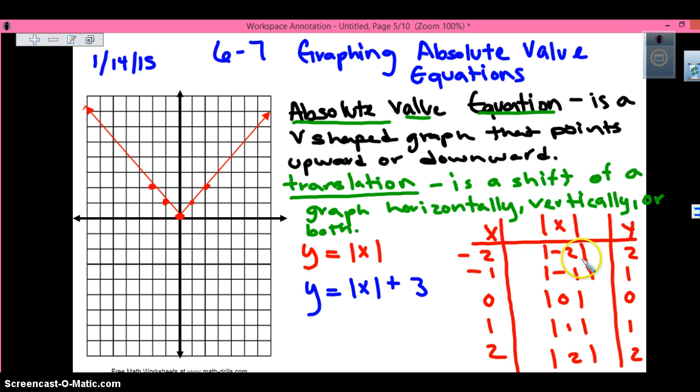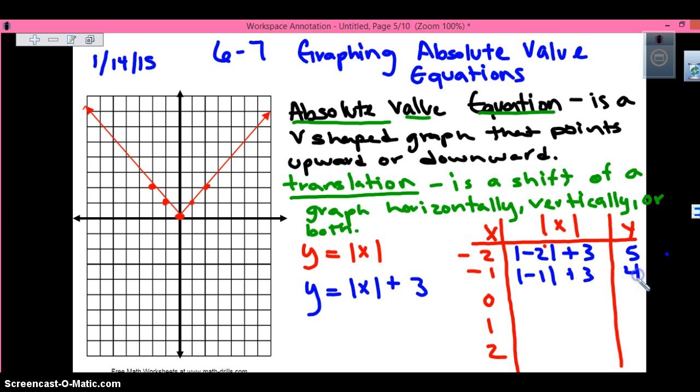If we create a table for the absolute value of x plus 3, we can say the absolute value of -2 plus 3 is 5. The absolute value of -1 plus 3 is 4. The absolute value of 0 plus 3 is 3. The absolute value of 1 plus 3 is 4. The absolute value of 2 plus 3 is 5.